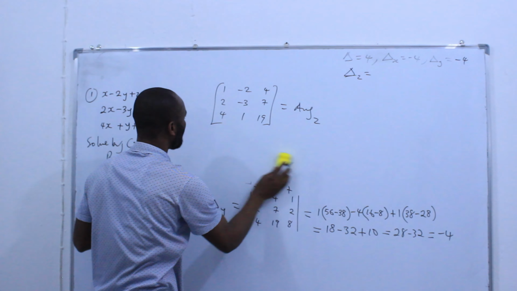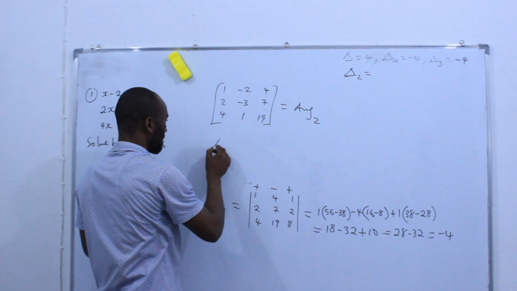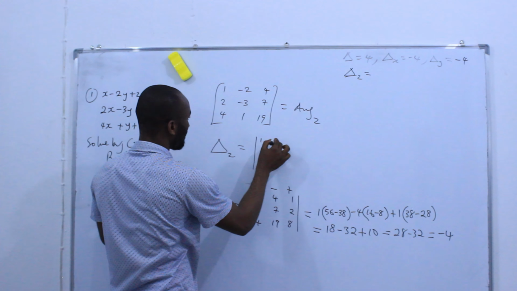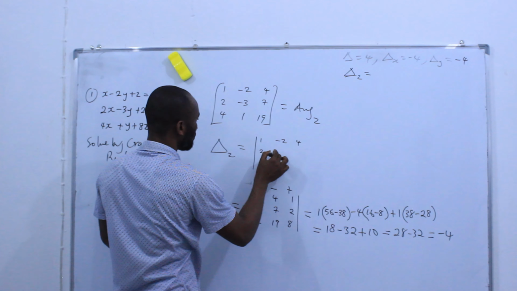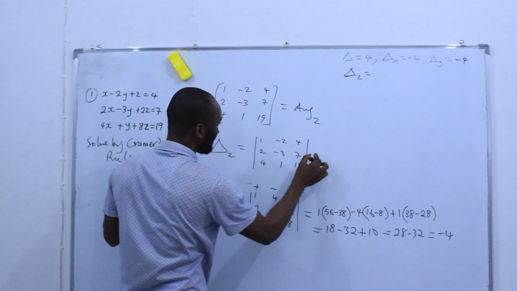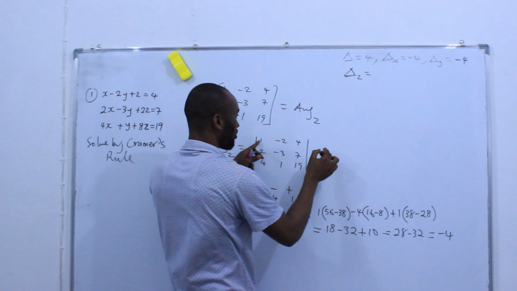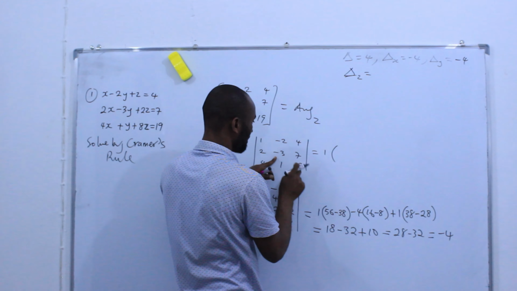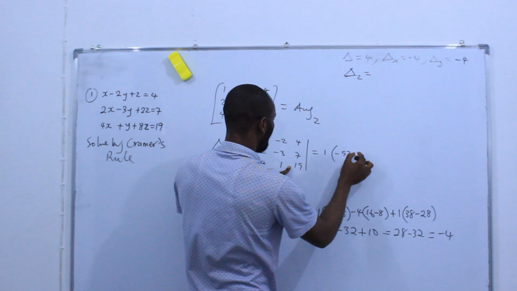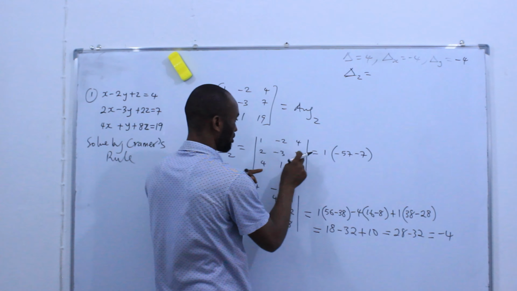So we go ahead to look for the determinant of that matrix. Determinant of the matrix will give us 1 minus 2, 4, 2 minus 3, 7, 4, 1 what? 19. Okay, that will give us 1 bracket. This is minus 57. Okay, minus 7.